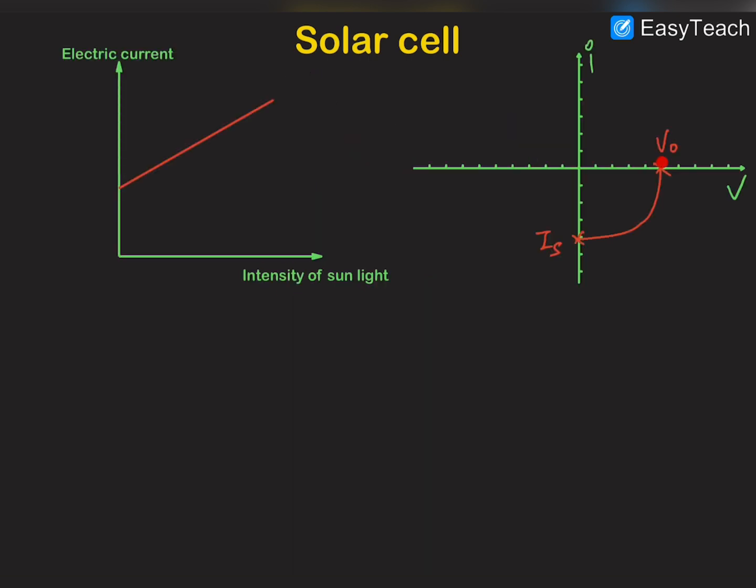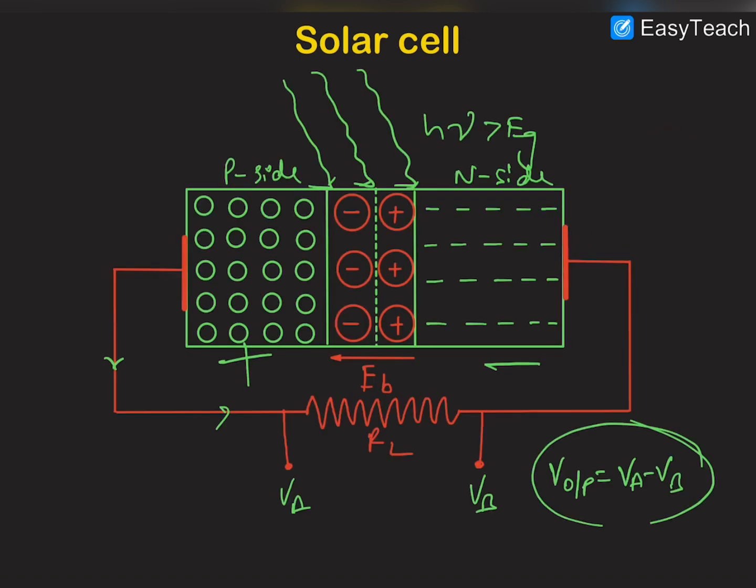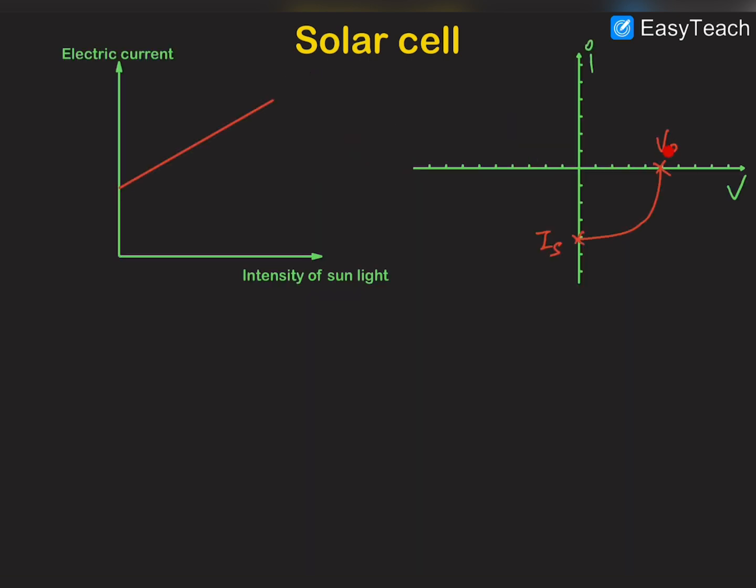So this will be the graph, and this represents the open circuit voltage, which means that if we connect this diode to an open circuit, with no load resistance connected, then the voltage across the cell when no current is exchanged with it is called the open circuit voltage, or EMF.